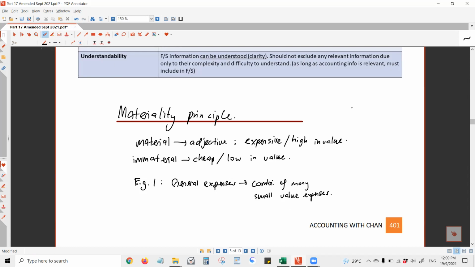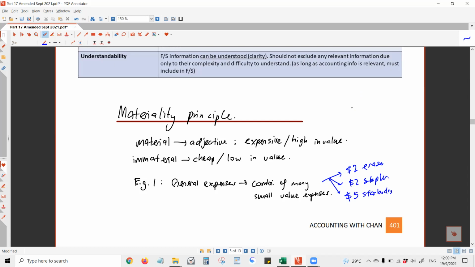For example, you buy a stapler. How much is it? Just a few ringgit, so converted into dollars, maybe just $1 to $2, right? Try to imagine, you buy many small things: a $2 eraser, a $2 stapler, Starbucks for your workers, maybe $5.